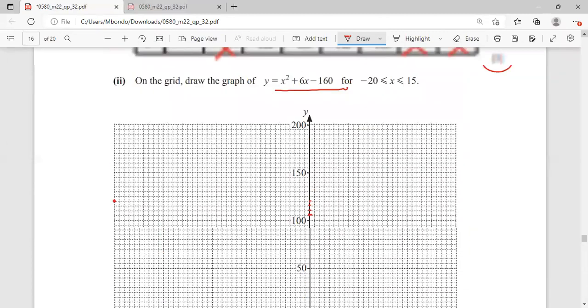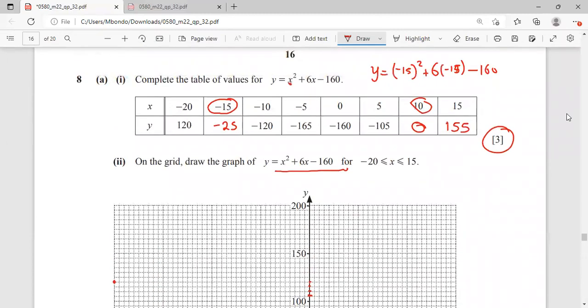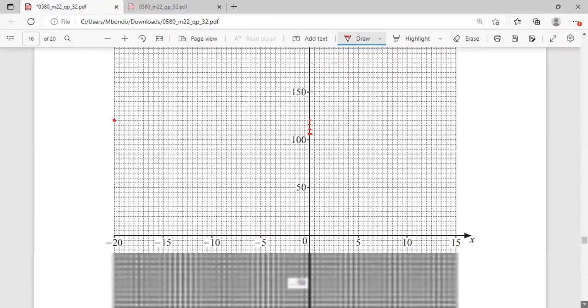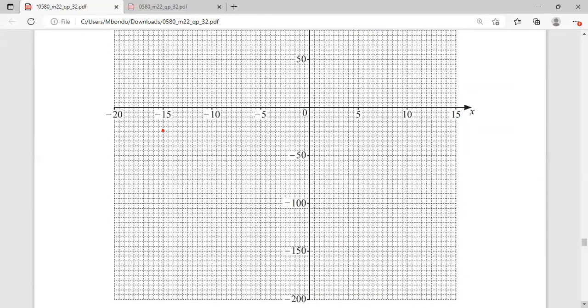Then we go to the next one, which is negative 10, comma, negative 120. So this is going to be negative 120. Okay, so this is going to be here.